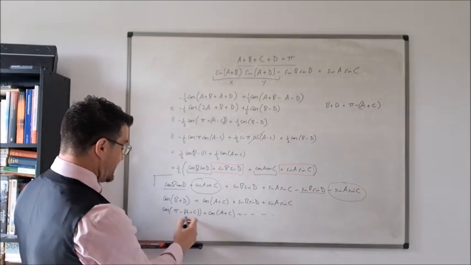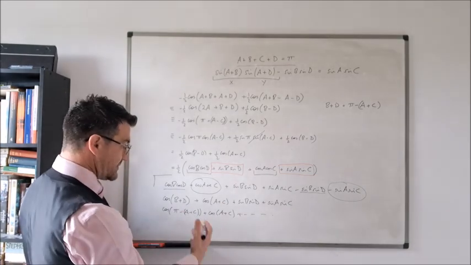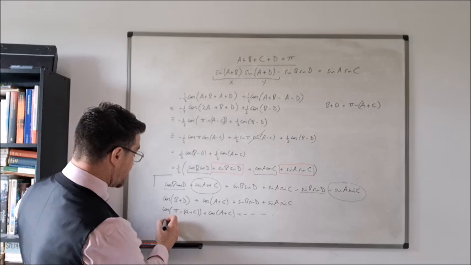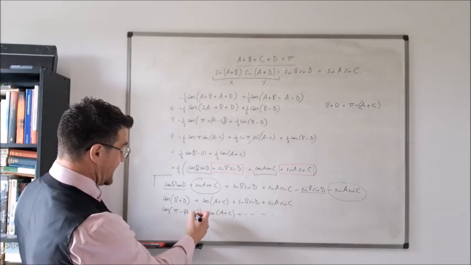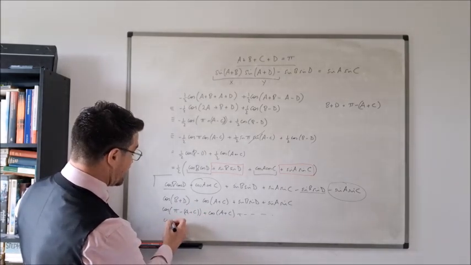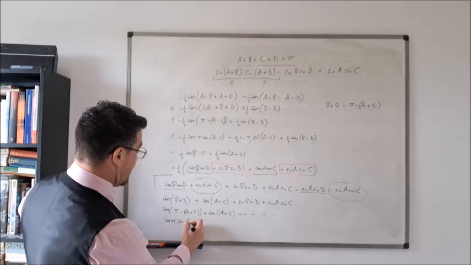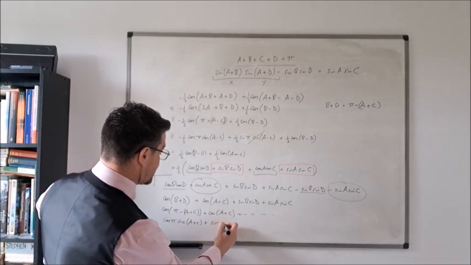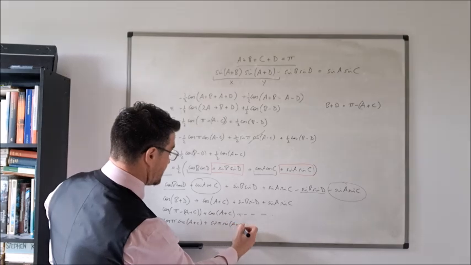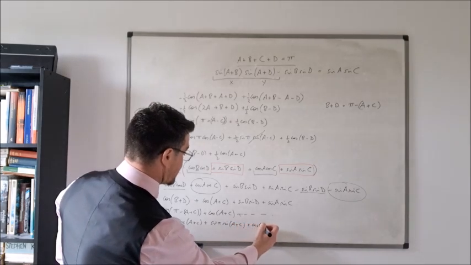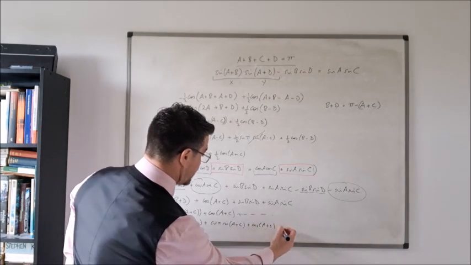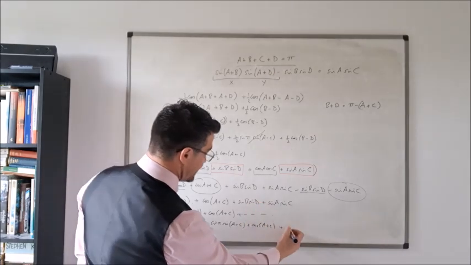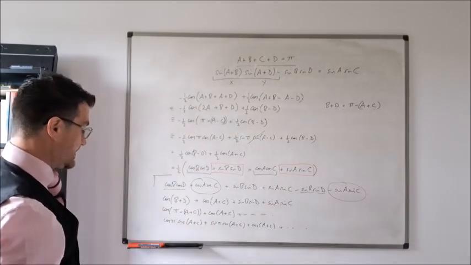Well, if I use trigonometric identities again, it's going to be cos pi cos(a plus c) plus sine pi sine(a plus c), plus cos(a plus c), plus this sine b sine d plus sine a sine c.